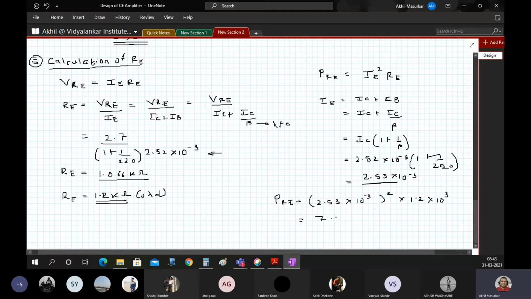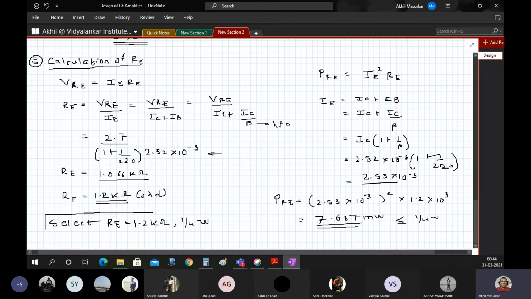So PRE comes to around 7.687 milliwatts. So now we can write select. Again, this is going to be less than quarter watt. So I'll write select RE is 1.2 kilo ohms, quarter watt.